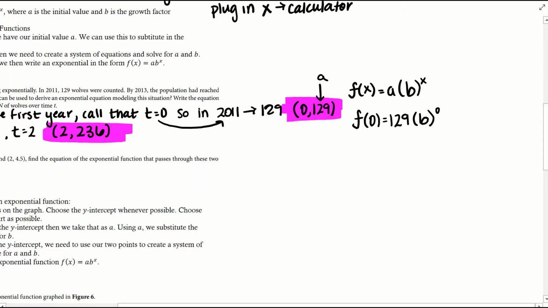So really there's nothing we can solve for here, but that does tell us what our a is. So now if we had f of 2, we will have 129 b squared, because it's 2, is 236. So we will now solve this equation.